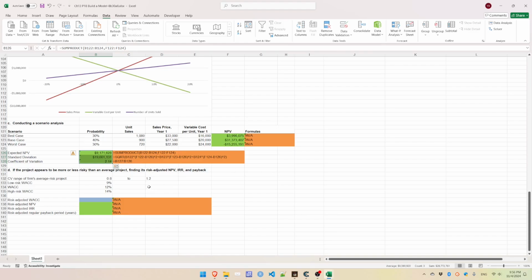For example, the average risk project should use 12%, and an average risk project will have a coefficient of variation between 0.8 and 1.2. But our coefficient of variation is way beyond that. So which one should you use? Does this mean it's more risky than the average risk project, or less risky?